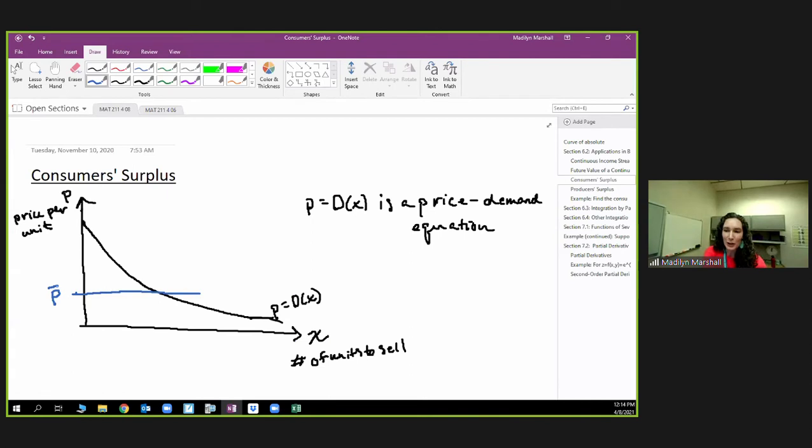I just drew a P with a little bar over it, and that is called P bar. A lot of times in math, a bar over a variable is used to say this is one specific P. P in general is talking about whatever the price is, but P bar is talking about this one price.